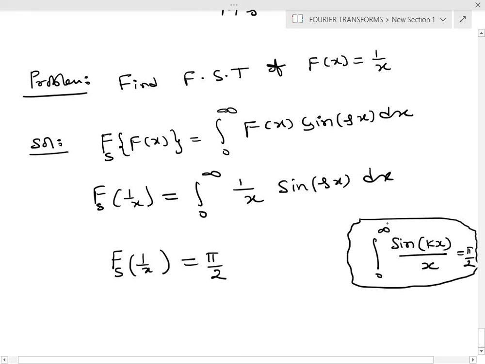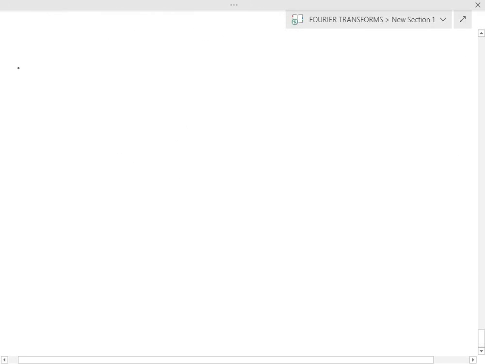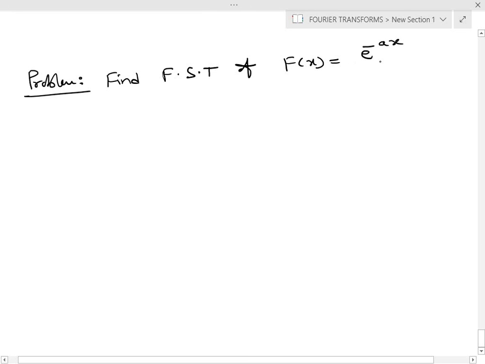Okay, now take another problem. Find the Fourier sine transformation of f of x is equal to e power minus ax upon x.